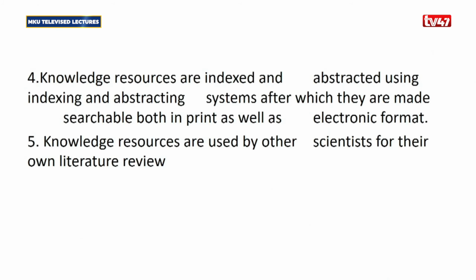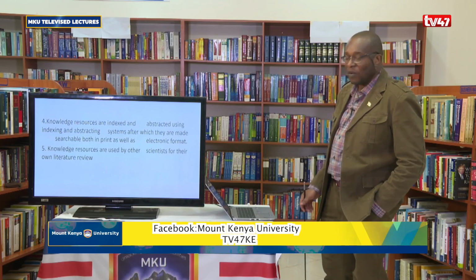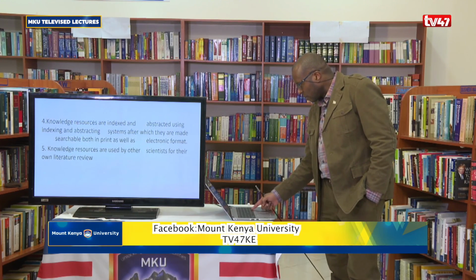We began with scientists in number 1, and then we also end up with agricultural scientists in number 5. So as knowledge is discovered and sent out there, it ends up being used by scientists again. And that knowledge has to be controlled and managed using information scientists.